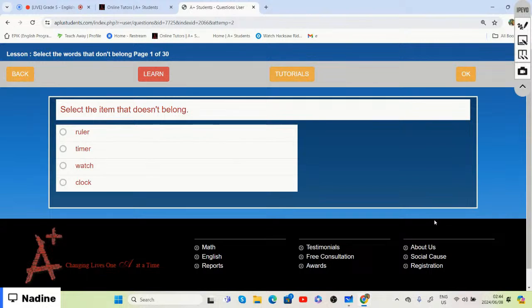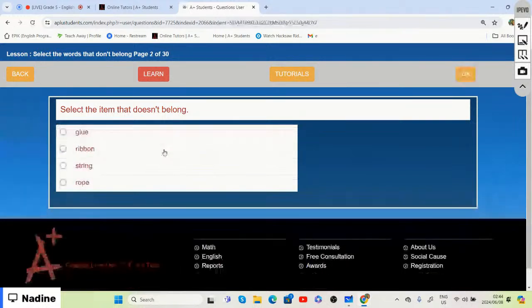So we need to choose. We have a ruler, timer, watch, clock. All right. So if we were to choose the correct one, then yes, we will choose ruler. Because if we look at the others, they are to do with time, to do with a watch or a clock or something like that, right? So well done.